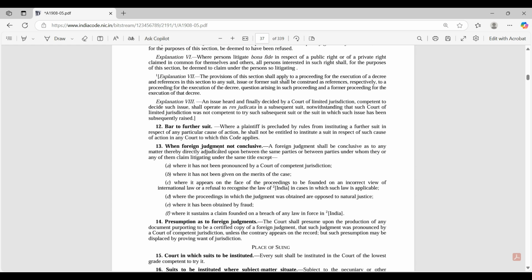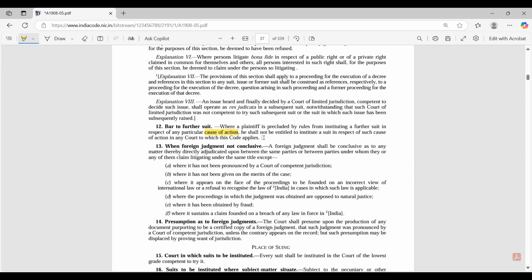Moving ahead, bar to further suit. Where a plaintiff is precluded by rules from instituting a further suit in respect of any particular case or cause of action, he shall not be entitled to institute a suit in respect of such cause of action in any court to which the code applies. So here it is very important to understand the cause of action, the main matter for which you instituted a suit, right?